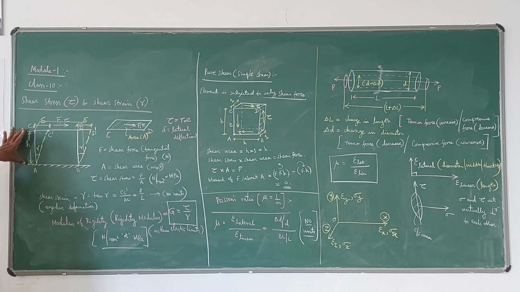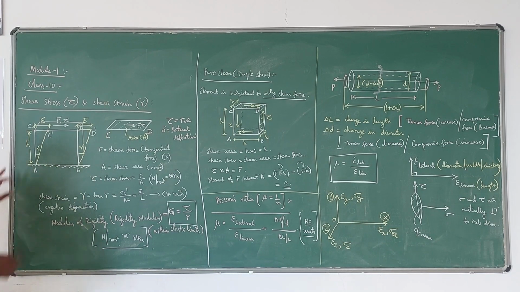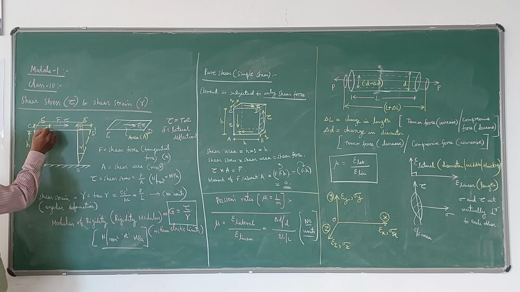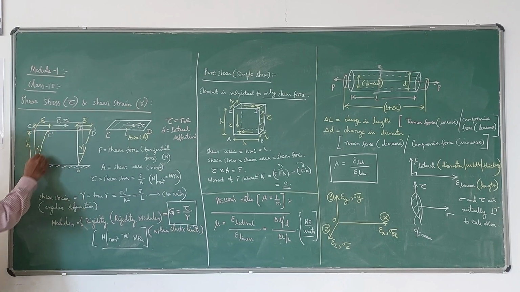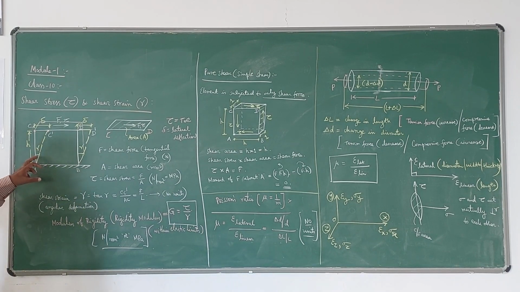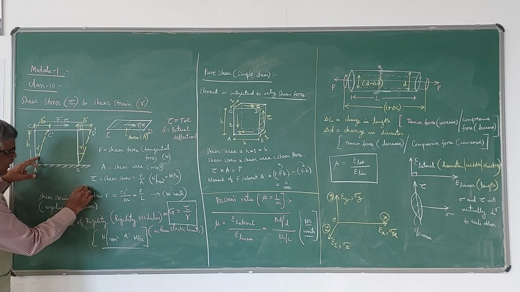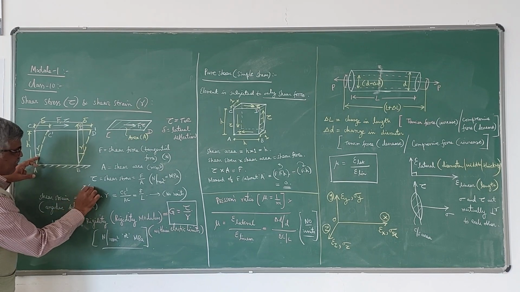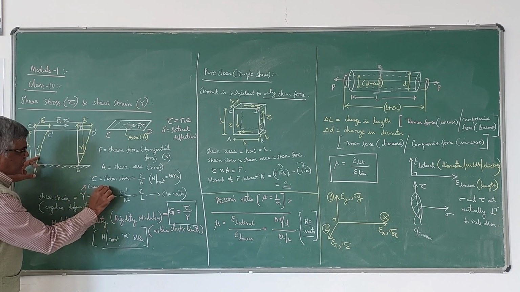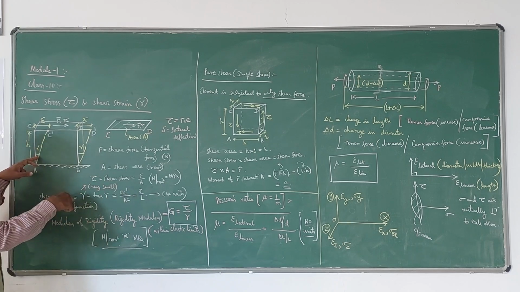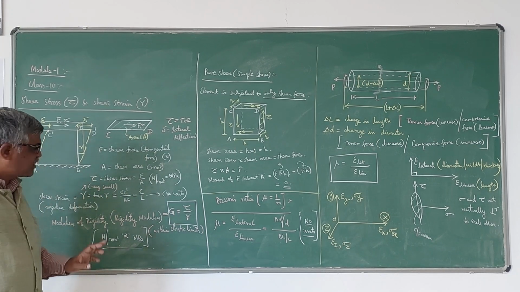If I take this height as h, then if you join A and C dash, you get a right angle triangle here. In that right angle triangle, I will take this small angle, gamma. This gamma is very small, since this deformation is very small within elastic limits.